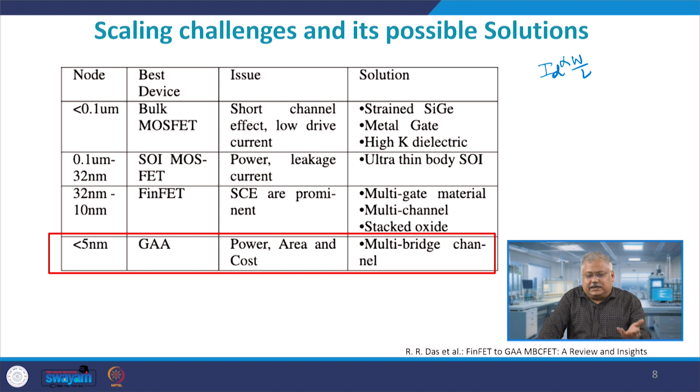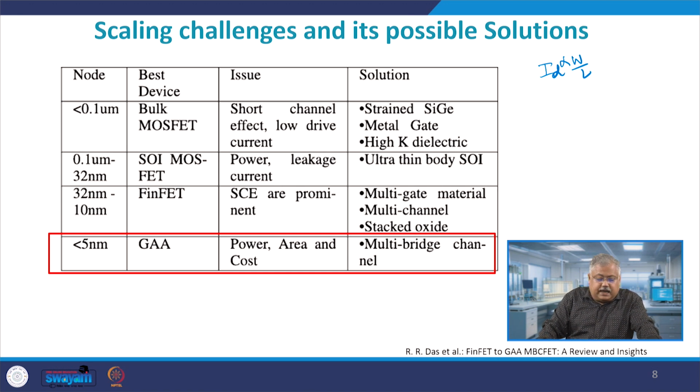The possible solution has been used for quite a long time and for a large number of device technologies. We use strained silicon germanium. When you use strained silicon germanium, you end up having a larger mobility, because strained silicon gives you a larger mobility of the charge carriers.